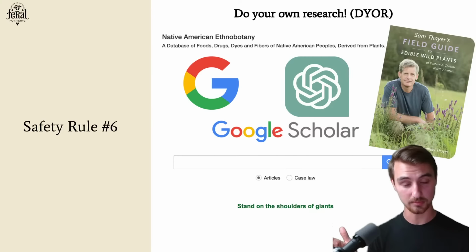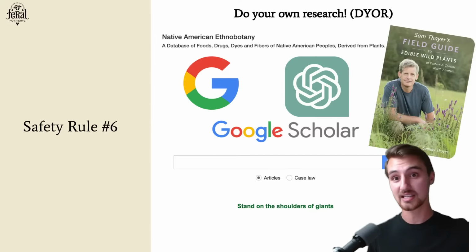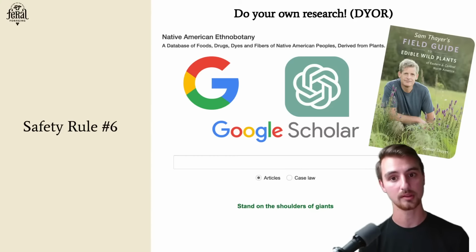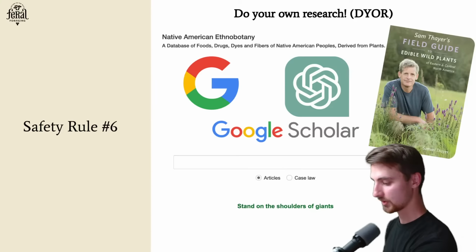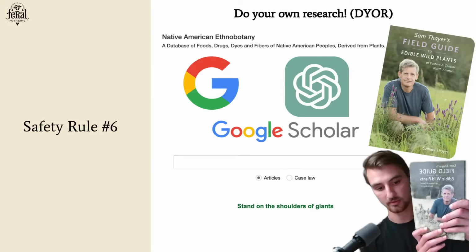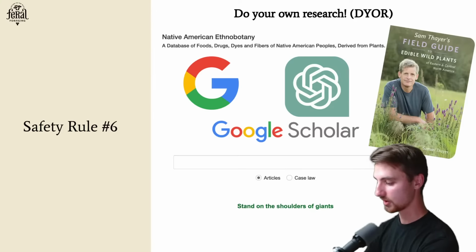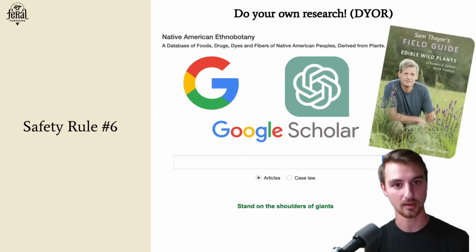ChatGPT with a grain of salt, but it's great for getting a broad idea of what I might be able to find about something. But I'll be using resources like Native American ethnobotany, random Google searches on blogs, Google Scholar for scientific articles, and then, of course, Sam Thayer's new field guide, plug for that one right here, which is the single best foraging field guide, foraging book, if you are in the Midwest or Eastern North America.